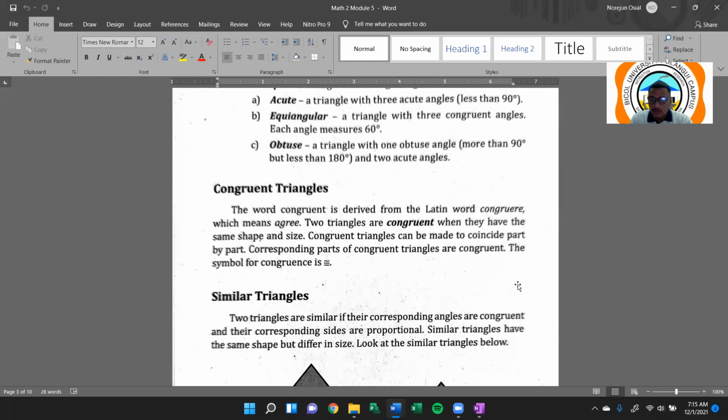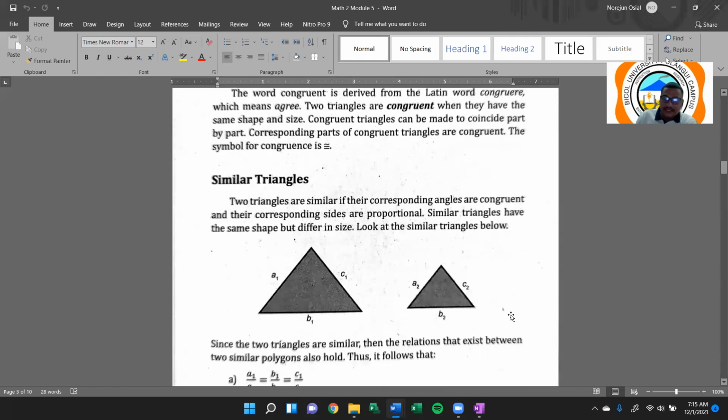The symbol of congruence is shown here. What are similar triangles? Two triangles are similar if their corresponding angles are congruent and their corresponding sides are proportional. Similar triangles have the same shape but differ in size, as shown in this example.